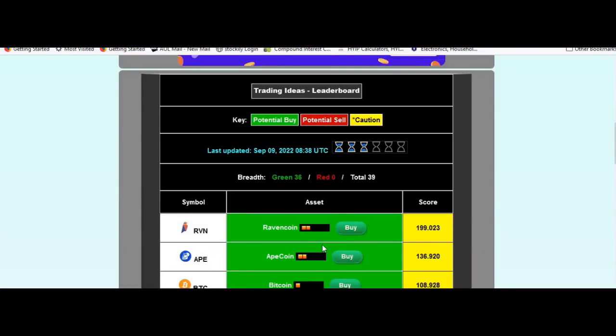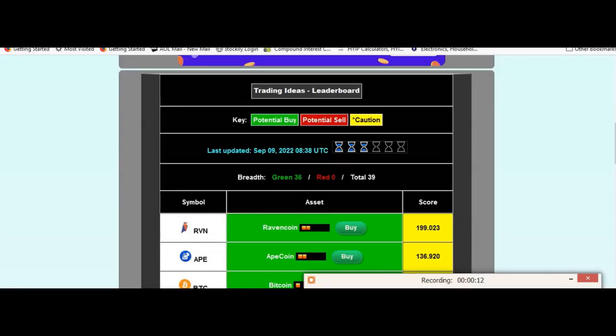Okay, guys, I just wanted to point this out because this is a great day to consider possibly unloading some of your positions if you're already holding something to swing trade. I'm going to focus just on this section here, which is our breadth section. We've got green, we got 36, and over here we got nothing under red.